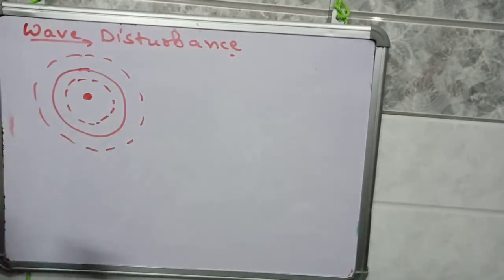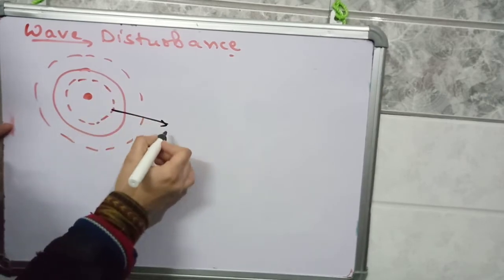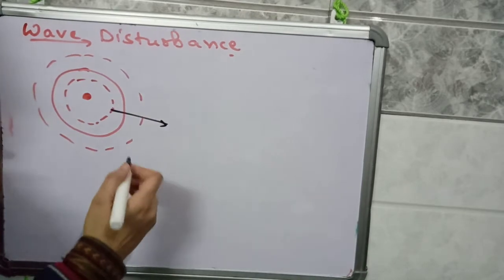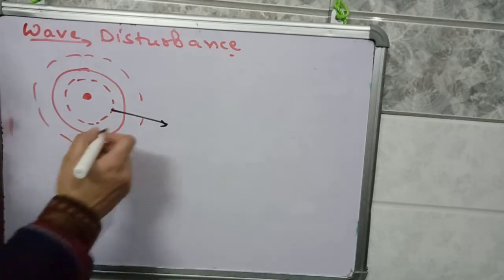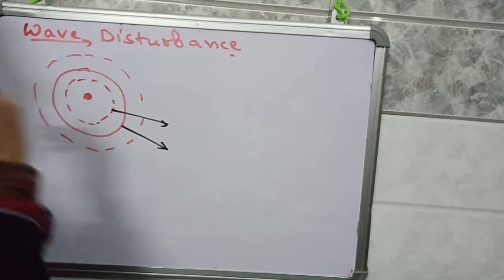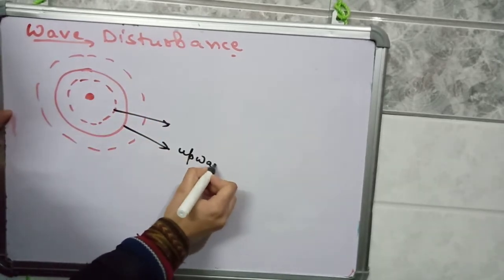So what are these dotted lines indicating? Dotted lines indicate that particles present at the surface are going in the downward direction as compared to the normal. And what does this solid line indicate? This solid line indicates that particles are moving in the upward direction.